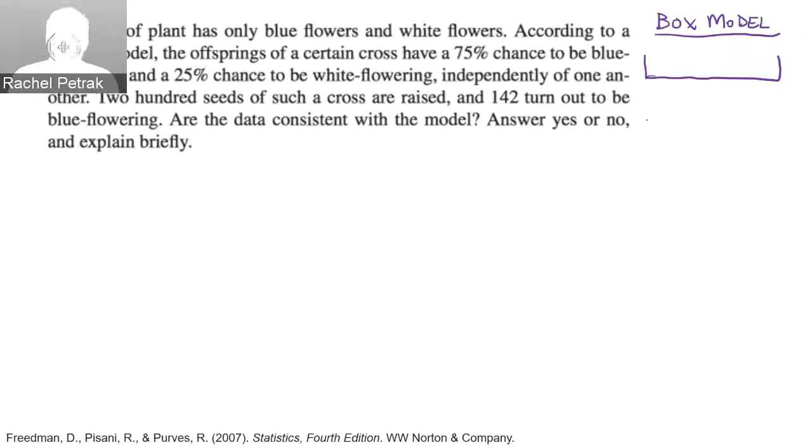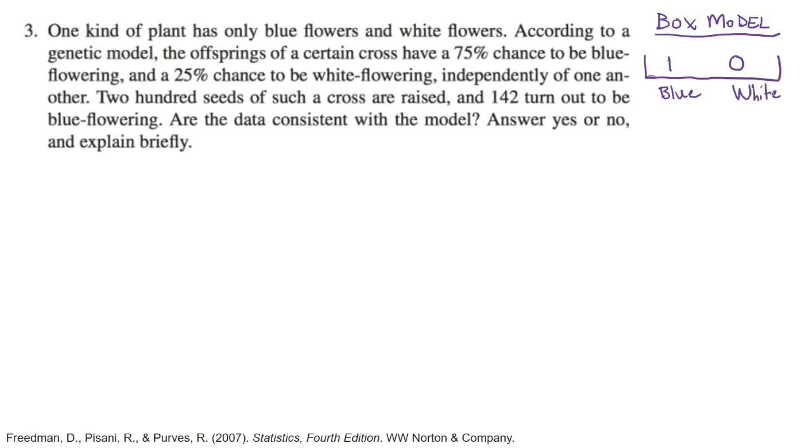We have a box where the ones are blue. We have ones and zeros. The ones are blue. The zeros are our whites. And we know the proportions in the box already.